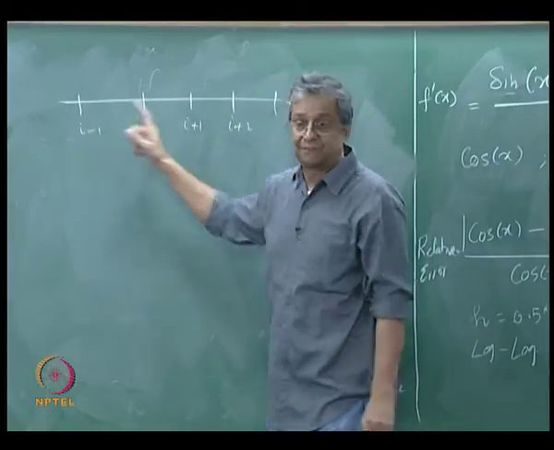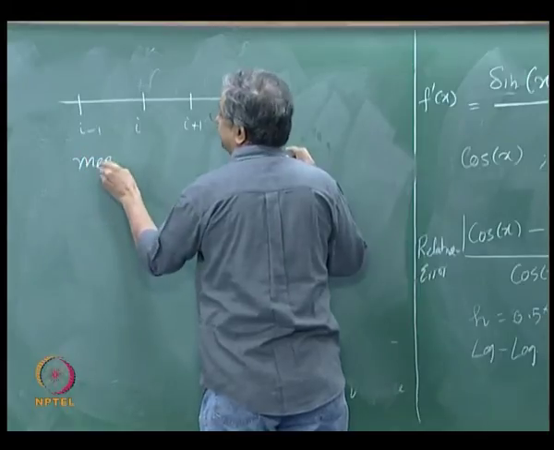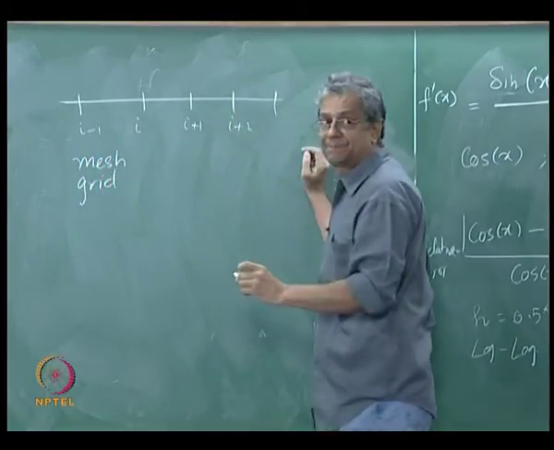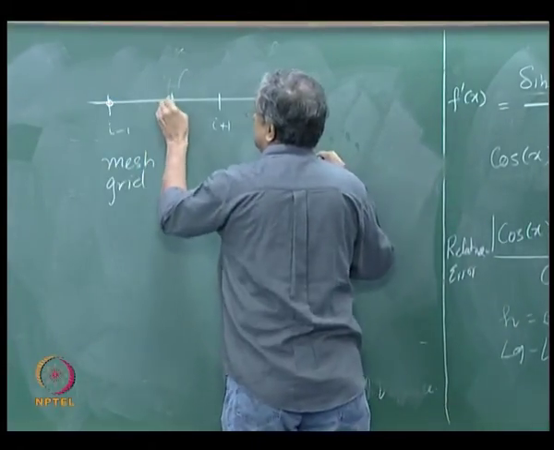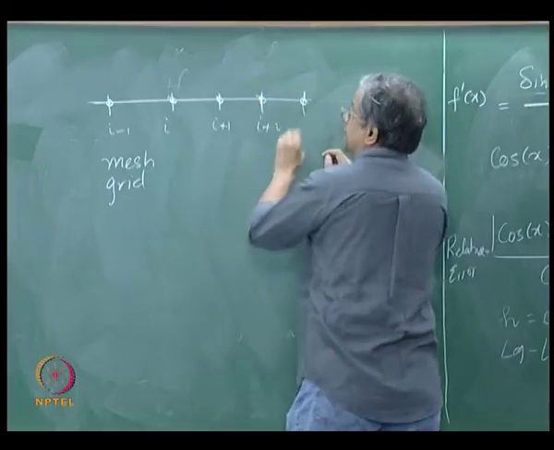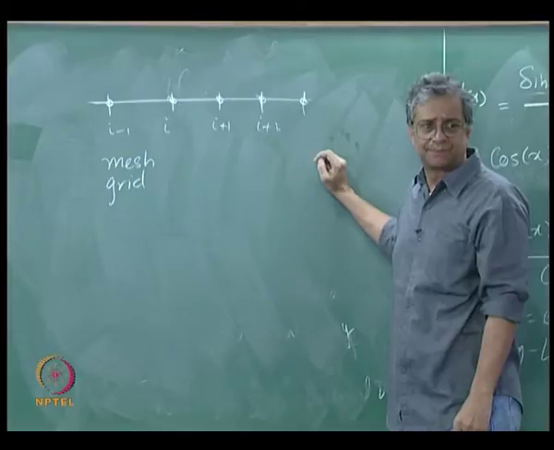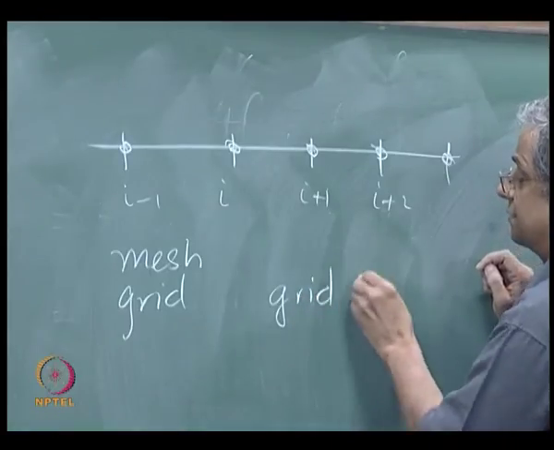You will see me refer to this whole interval being broken up into a mesh or a grid. I will explain these terms in more detail later, and these points I will typically refer to as grid points, but you may hear people referring to them as nodes. So I will typically refer to them as grid points.